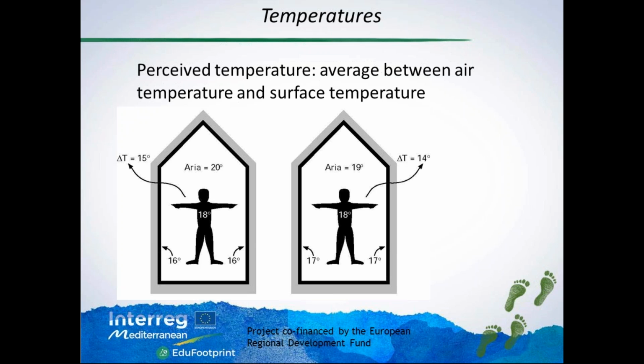If the inner surface of the wall has a higher temperature, we do not need to heat the air that much, but we can heat it to a lower degree. This means that the measure we have to use to make the inner temperature higher is to insulate the envelope.